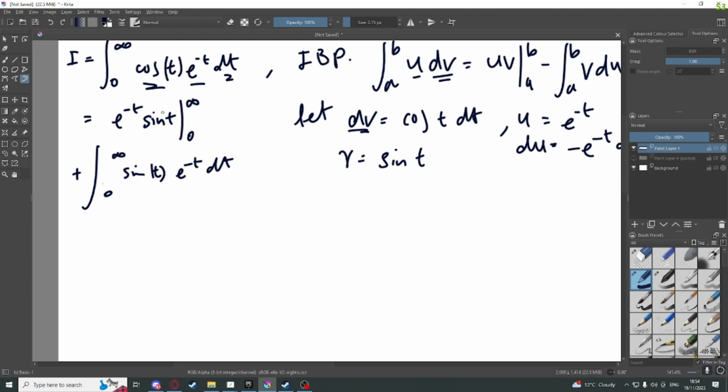And let's evaluate this real quick. As t approaches infinity, e to the negative t will approach 0, and as t approaches infinity, sine of t will oscillate between negative 1 and 1, but it's a finite number anyways, so a finite number times 0 is 0.